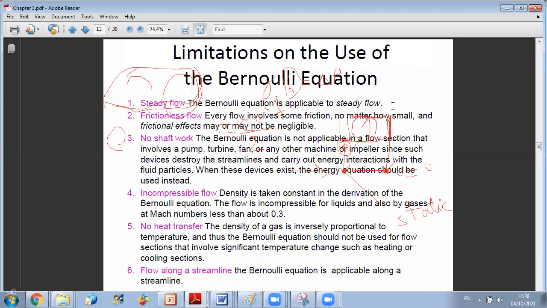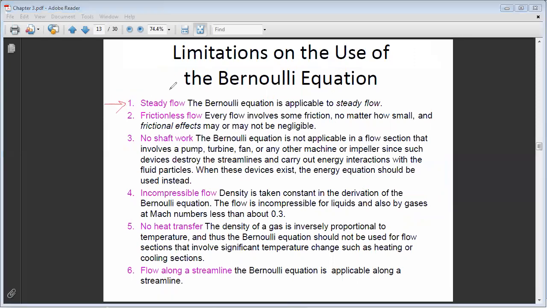Okay. So now, let us remember what are the main conditions to apply the Bernoulli equation. The first condition to start with is to have a steady flow, because the equation that we derived together is applicable to steady flow, since we didn't consider the del by del t term.